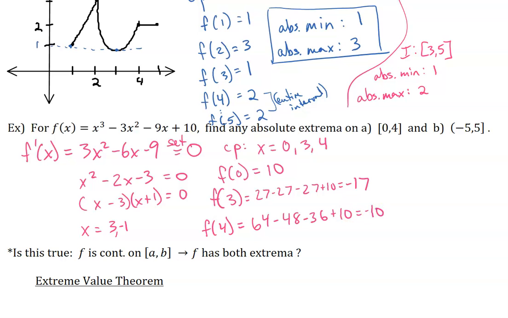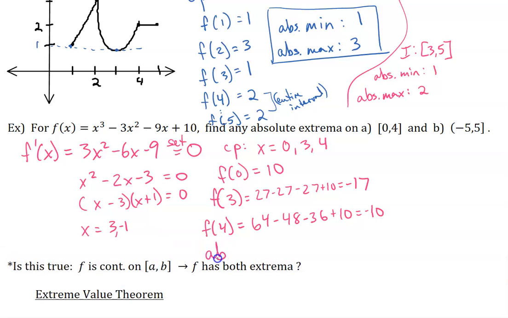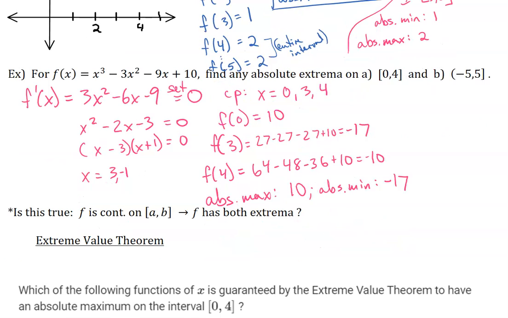Okay, so our max is 10. It's the highest of the 3 values. So let me write this down here. Absolute max is 10, and our absolute min is negative 17.